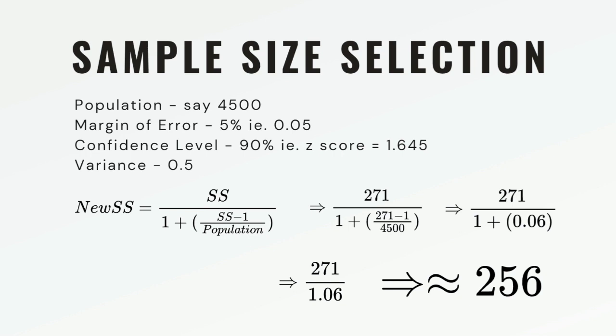So since my population size is only 4,500 people, in order to get 90% confidence level results, I will have to collect samples from at least 256 people. Okay, so this population is actually very small, right? 4,500.